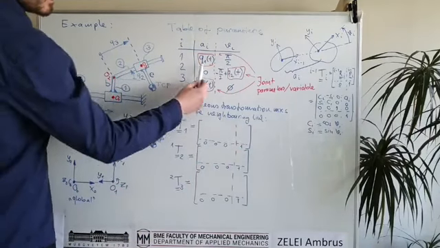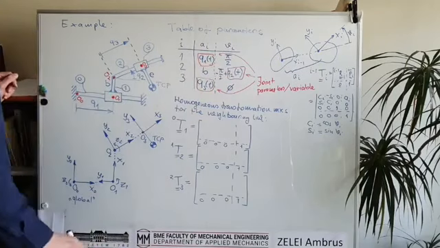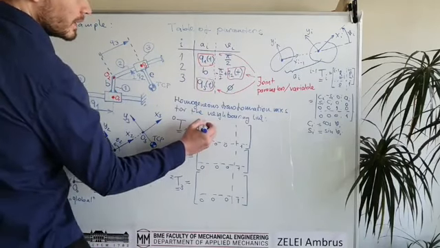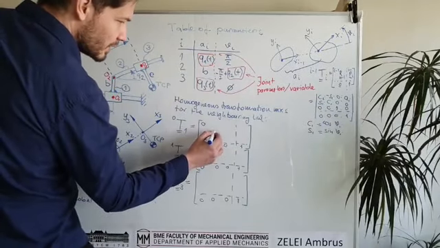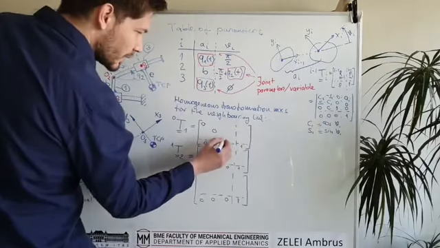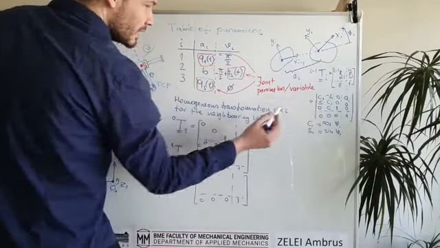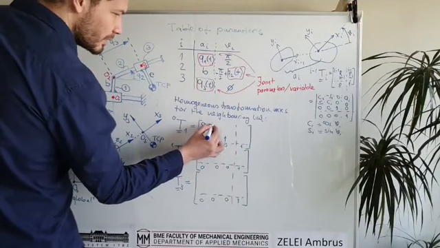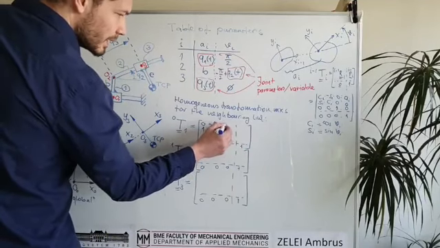So in the first there is a rotation of 90 degrees, so the rotational part will be: cosine 90 degrees is 0, this is 1 here, and sine 90 degrees is 1. So therefore this is minus 1 and this is plus 1, and that's it.